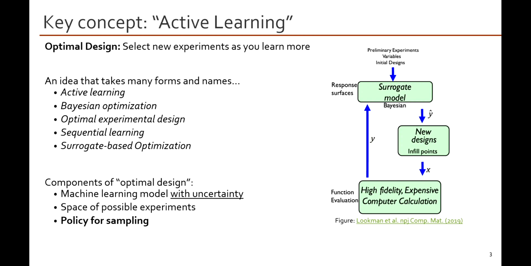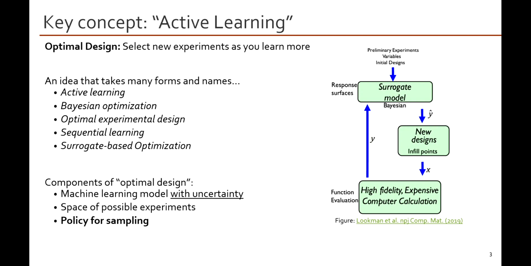Using that model to identify which new points I should test, testing them using some kind of high fidelity calculation or an experiment, something that you don't want to do very often but gives you a lot of information, and then feed that back to update your understanding, and repeating this process to gradually identify the experiments that will allow you to perform computations or tests that give you the most information.